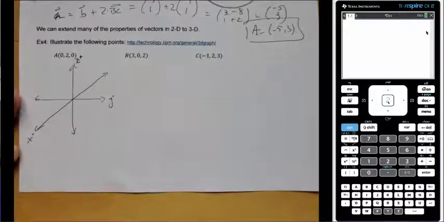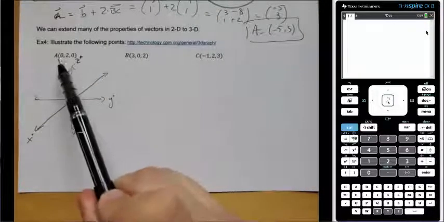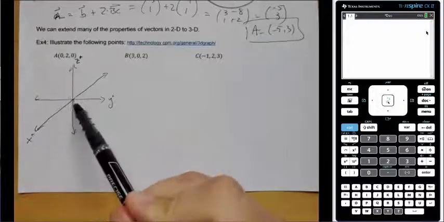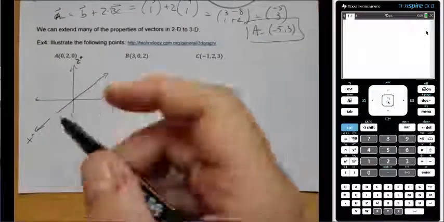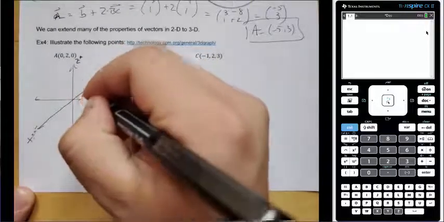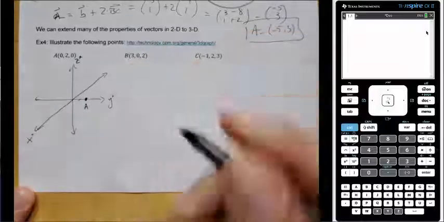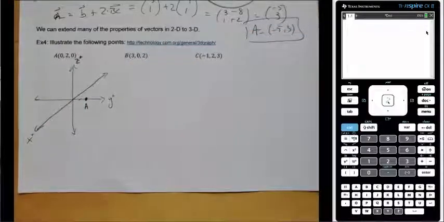That's usually the standard. So if I want to illustrate these coordinates, 0, 2, 0, that means I'm going to go nowhere along the x-axis, 2 along the y-axis, and nowhere up and down. So I think this point P, or point A, would be located right here.